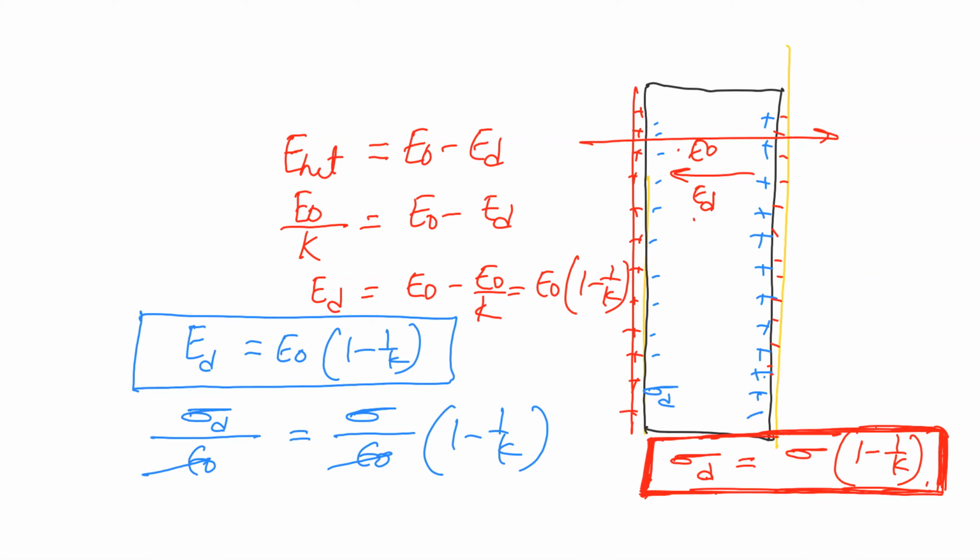Near the negative plate, dielectric will have the positive charge developed. Near the positive plate, dielectric will have the negative charge developed. And how much is the magnitude of it? What is the sigma for it? Sigma for this is this much. What is the field for it? Field is this much. Basically, from field only we can get the sigma. So these two formulae you must remember. ED is equal to E naught times 1 minus 1 by K.